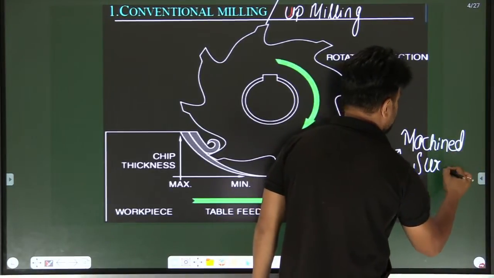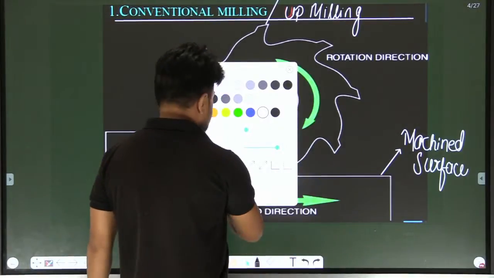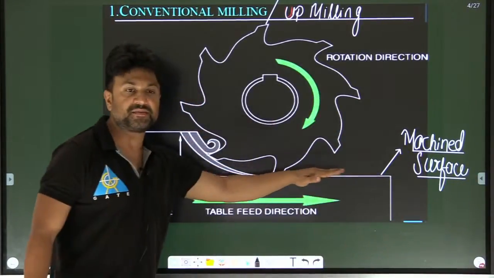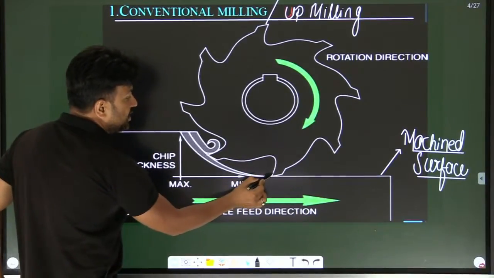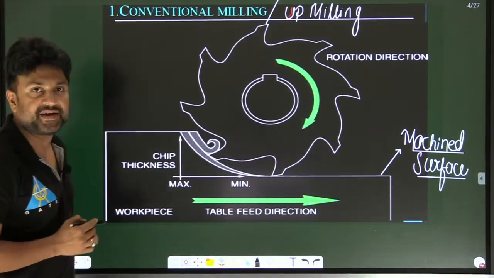So, here the milling cutter will move from the machined surface to upward direction.